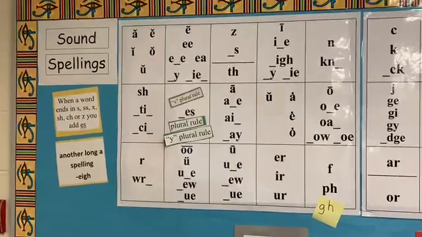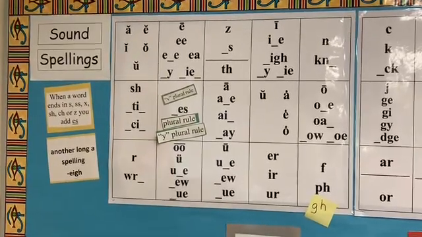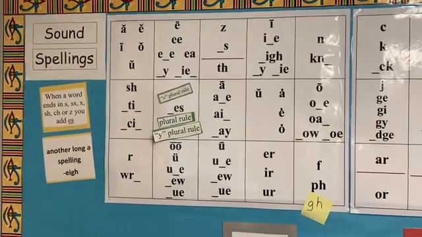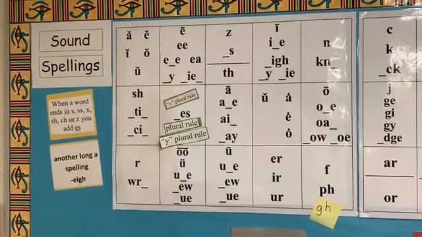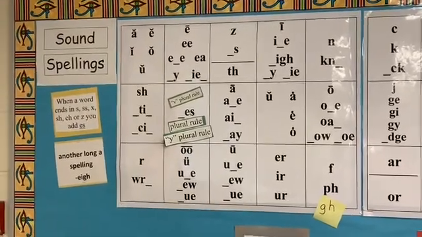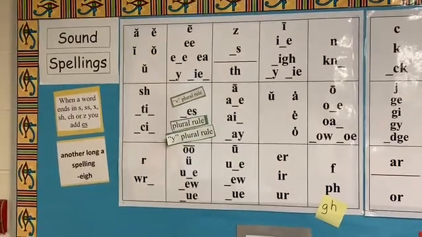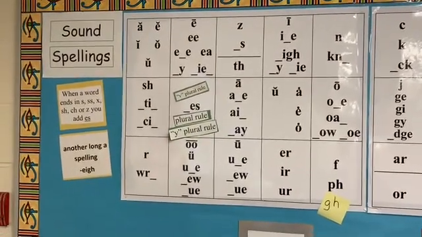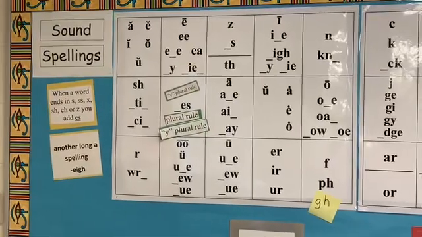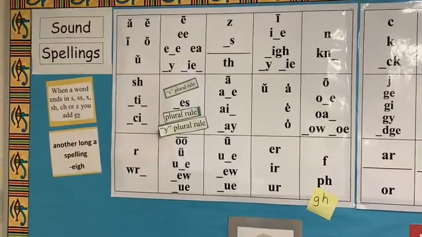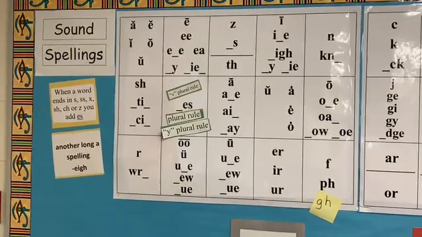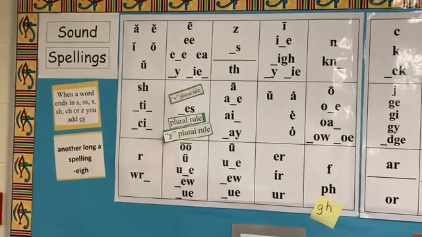So this week's spelling list, you'll see many words that have the blank CI blank. But you've been writing that all year with your phonics test. So that one is new, although we've been saying it. The other one you'll find on the side where it says another long A spelling, blank EIGH.